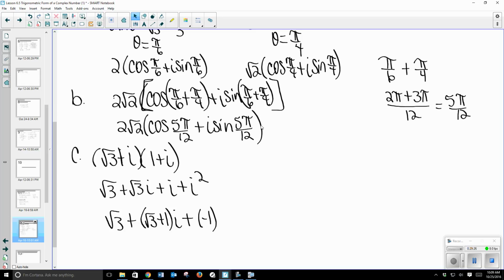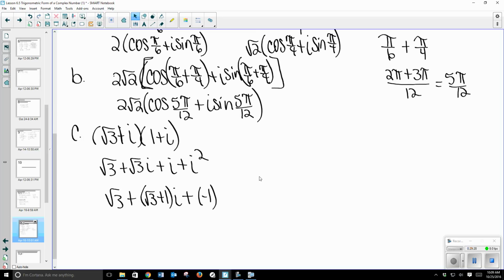Okay. So we want the real part and the imaginary part. We have the imaginary part right here. The real part, we would have to put this together. So root 3 minus 1 is the real part, plus root 3 plus 1 is the imaginary part.